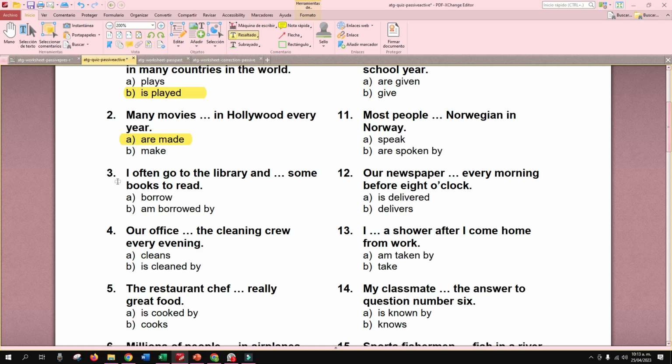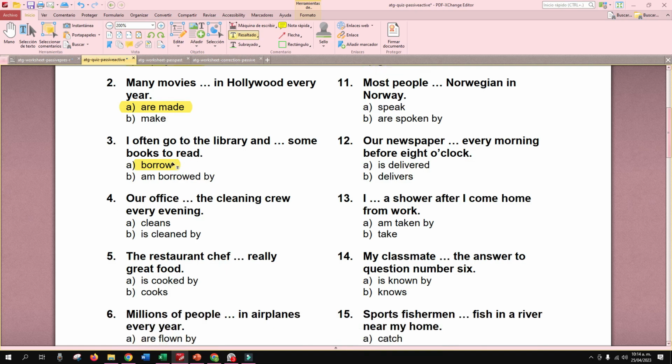So there you have: I often go to the library. It sounds like a common sentence, right? So borrow some books to read, right? If you say I am borrowed by what? Some books to read, you don't have a person there that is doing the action in that case. So you don't need to use the passive voice there. Okay, number 4.